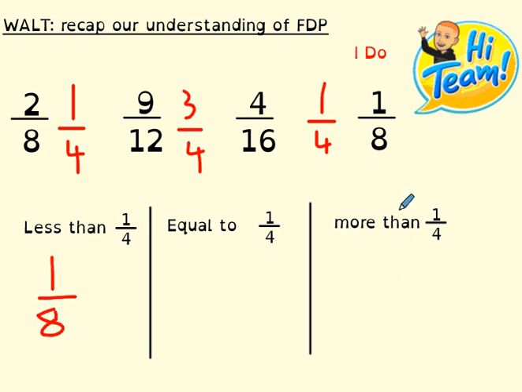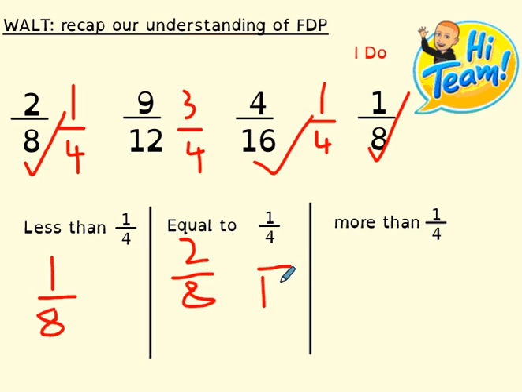So I'll put my 2/8, my 4/16 in there. And 3/4 is obviously greater than 1/4. So my 3/4 will go in there, or should really have put 9/12. That's my original fraction. Have a go at that one then.